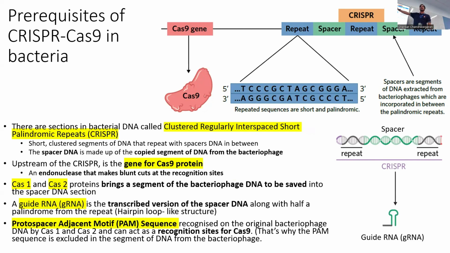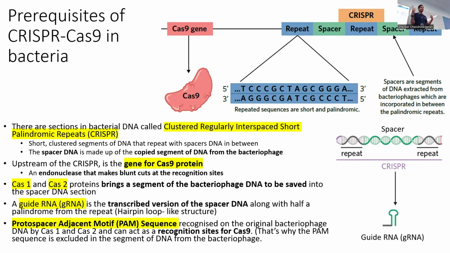The spacer is the important part because the spacer DNA is made up of the copied segment of DNA from the bacteriophage. Remember, CRISPR-Cas9 looks for the viral DNA in the bacterial DNA, but for it to look for that DNA, it needs a reference sequence, right? That reference sequence is going to be at the spacer. These spacers are the copied segments of DNA from bacteriophage that had originally invaded the bacteria.